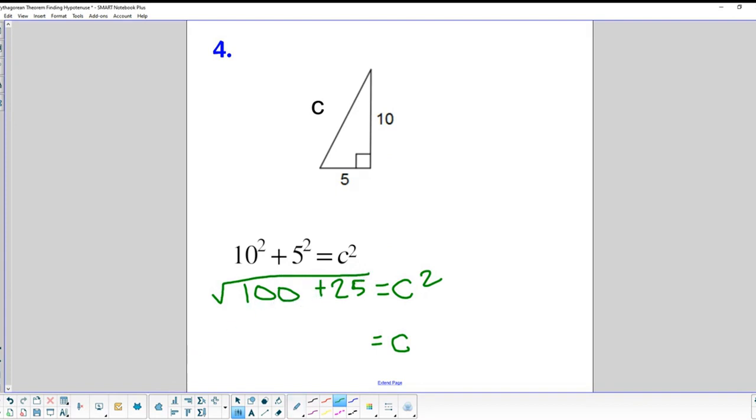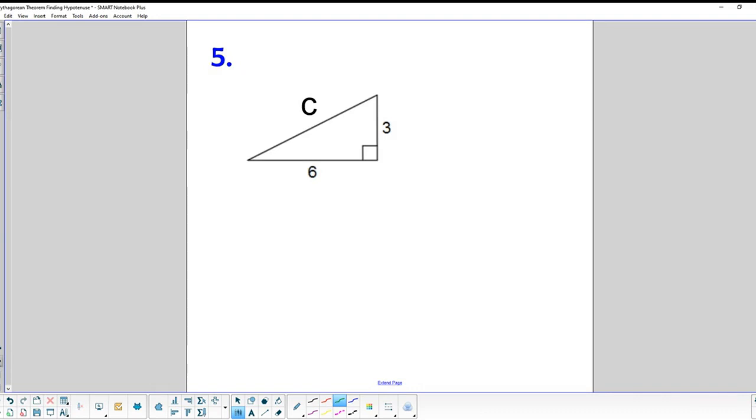Let's go ahead and do that on our calculator. So it's 125, and we do the square root. And we end up with 11.2 if I round it to the nearest tenth. So 11.2 units is how long c will be, and we're finding that out using the Pythagorean theorem.